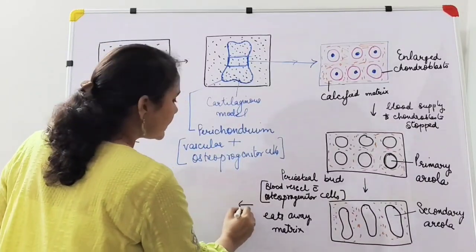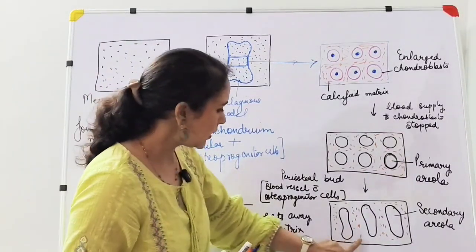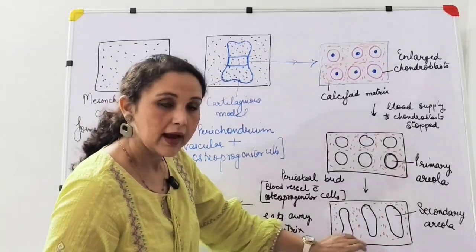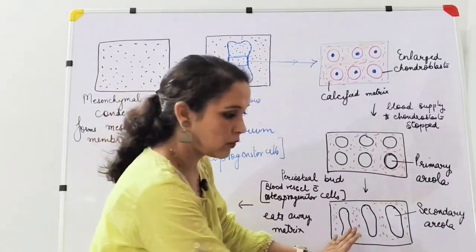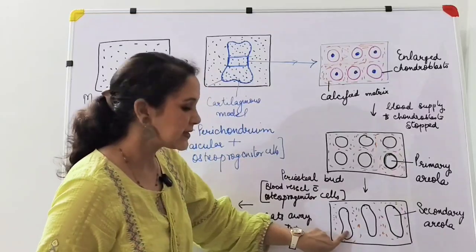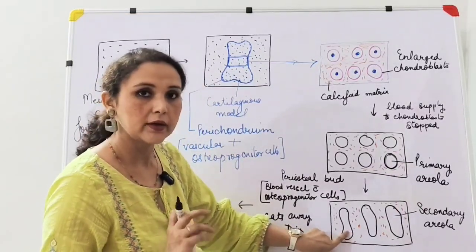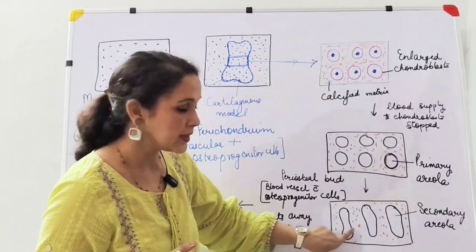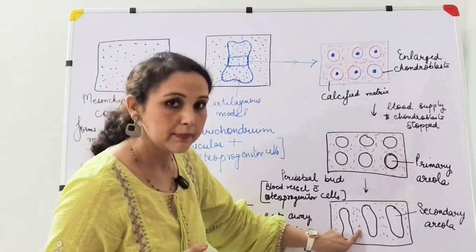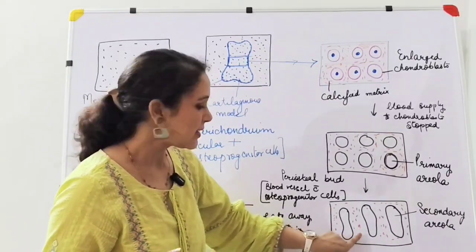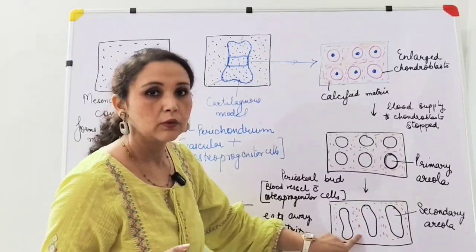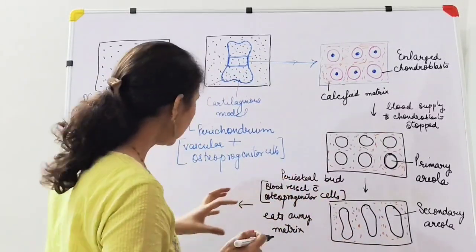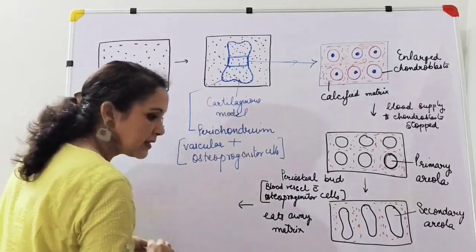Now what happens in the next step? Here you have an artery and the osteoprogenitor cells around it, and then you have the secondary areola. If we talk about it in reverse, the wall of the secondary areola is formed by the remnant matrix and the blood vessel with the cells, which you call the periosteal bud.